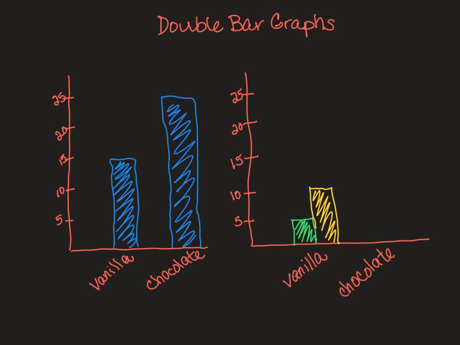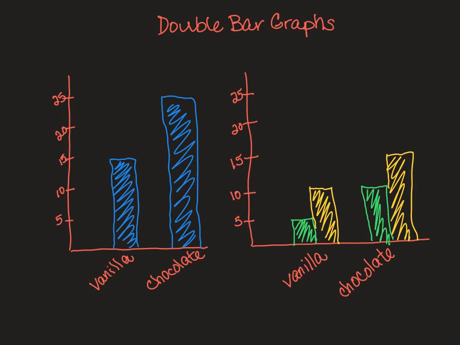Okay, and so now I look at the chocolate, and it turns out that there are 10 girls who like chocolate out of the 25, and there are 15 boys. And so now what I've done is I've made a double bar graph.